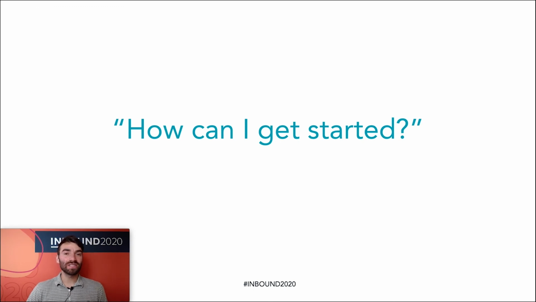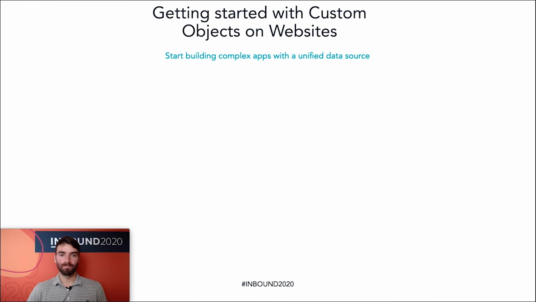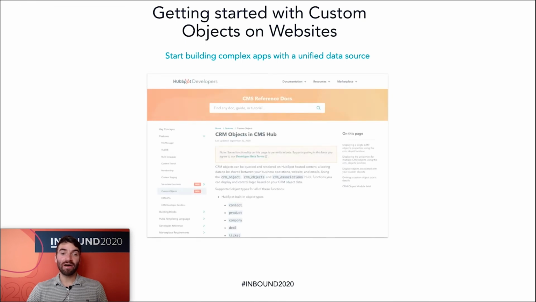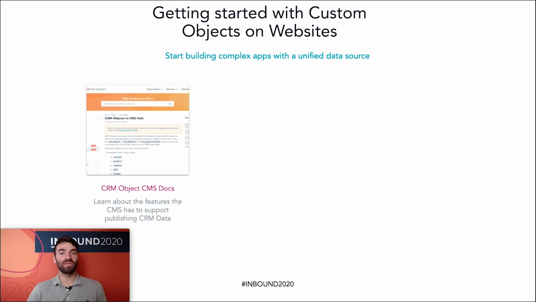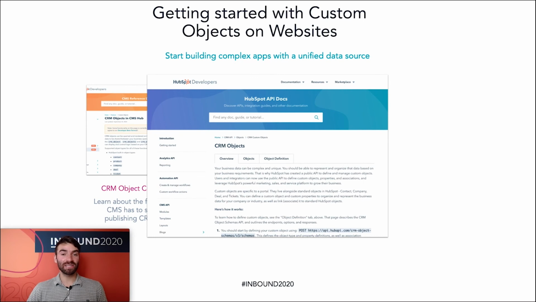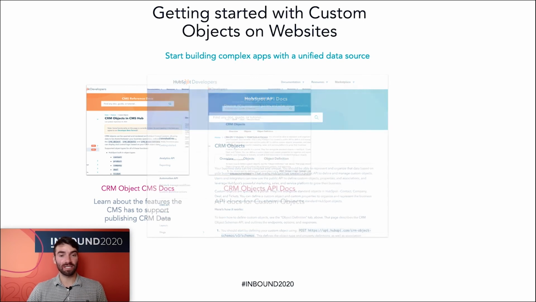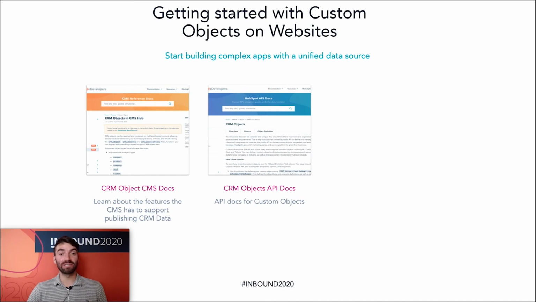So, if you're watching this and are excited about getting started with CRM data on websites, here are a few resources that you should definitely check out. First, check out our CRM Objects in CMS Hub doc, which talks through all of the features that I mentioned today. Second, check out the Custom Objects API docs, which have more details about how custom objects work, which you'll definitely need as you go about defining your own custom objects that meet your business needs.